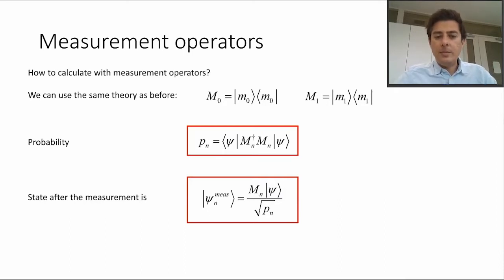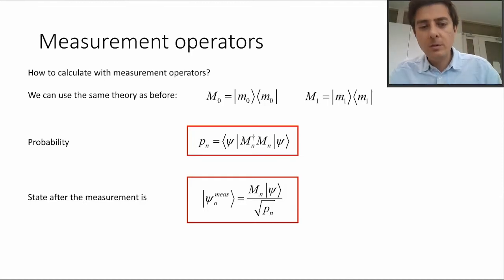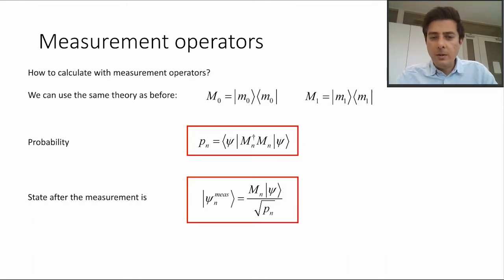Sometimes it's easier to do it this way, or sometimes you want to do some more general calculation. For the simple example that I showed you, the way that I did it on the previous slide is maybe good enough, but it's handy to know a second way of calculating.